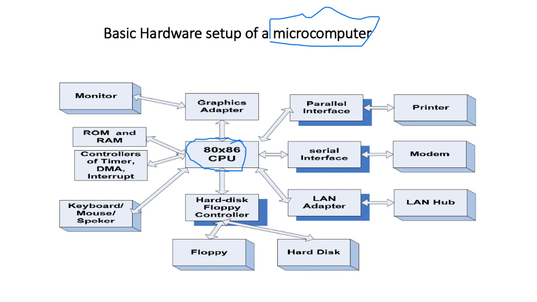It may be 8086, 80186, 286, 386, 486, and then Pentium 1, Pentium 2, and so on, because with the help of technology, things are becoming new versions. Anyway, this is a microprocessor, for example, CPU. It doesn't work alone.